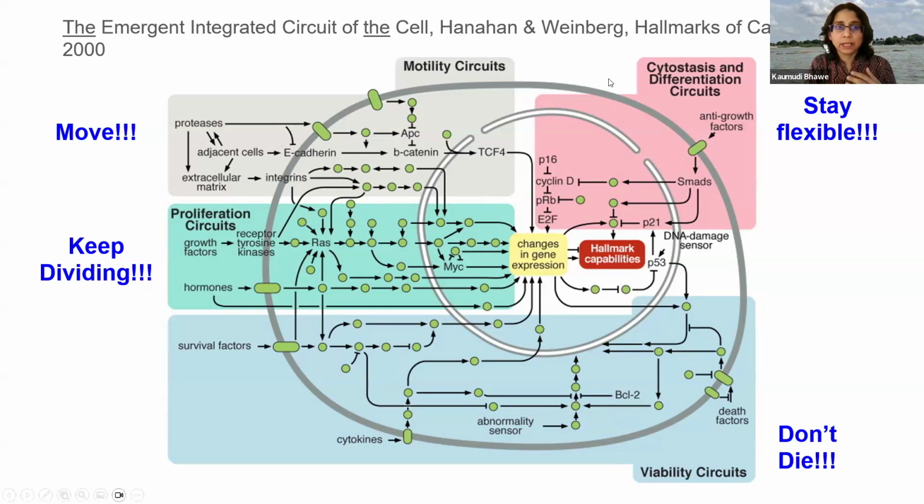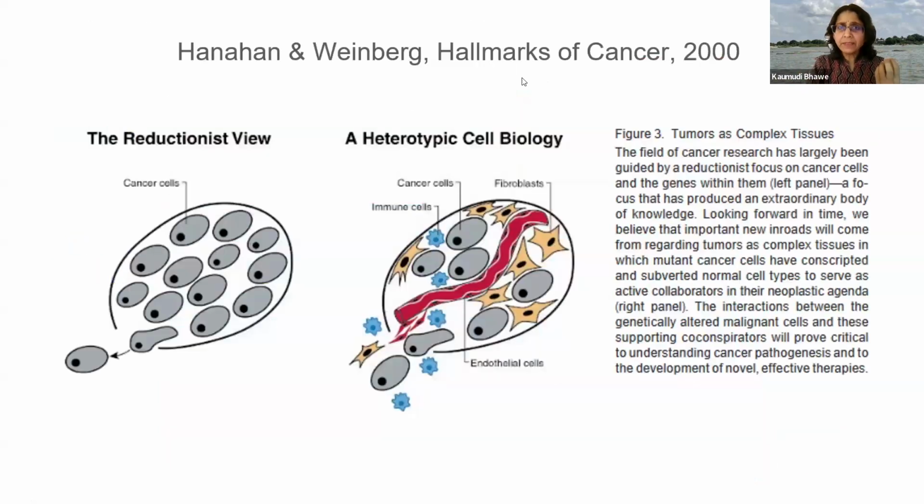So a few things that these signals are saying to these cancerous cells, they say, keep dividing, don't die, stay flexible, and keep moving. Okay, but using all these molecules to do that. And now it seems so primitive or rudimentary, but it was revolutionary at the time.